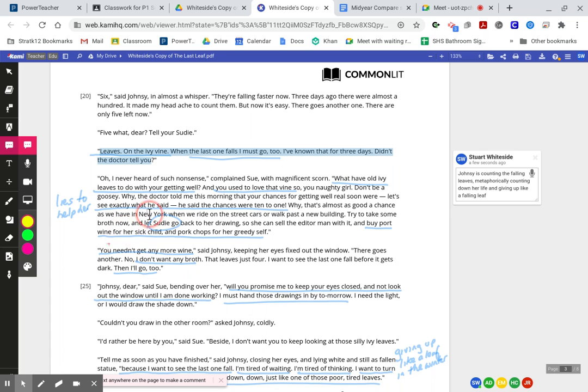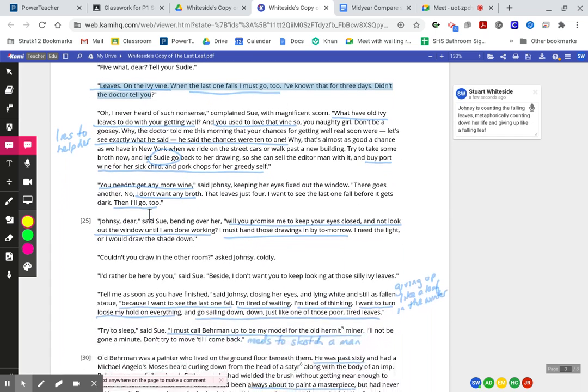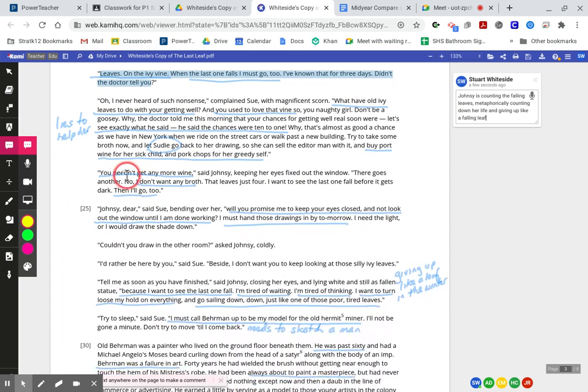Okay, so she decides that she's not going to eat or drink anymore. All right, the not wanting to eat or drink anymore, isn't that a sign of giving up?